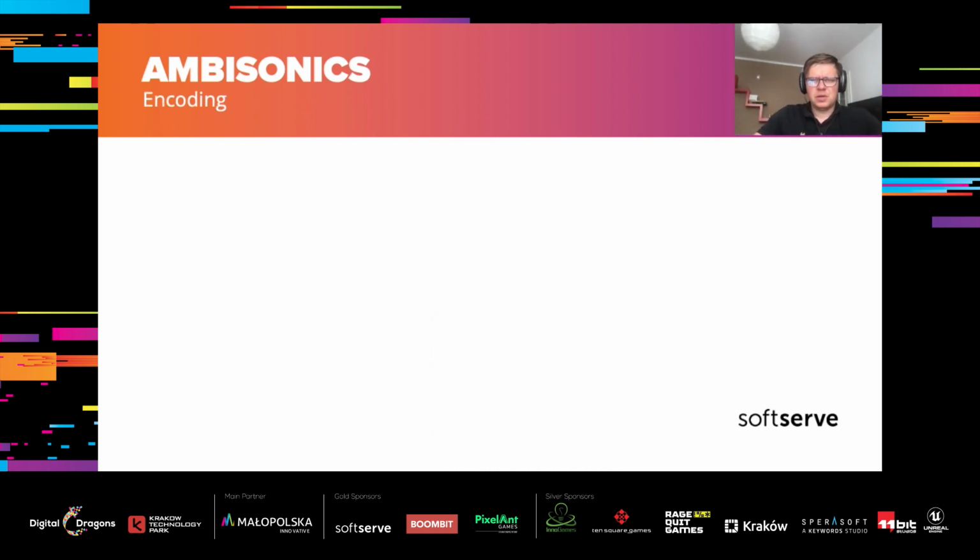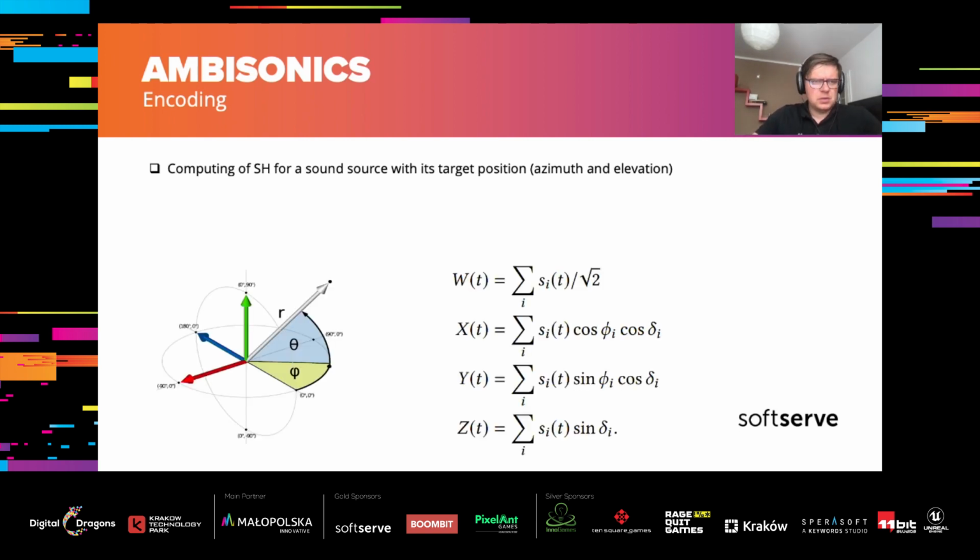The other way of producing ambisonics content is encoding. In general, in this process we are panning, encoding our sound sources to the desired position, usually defined in a spherical coordinate system using azimuth and elevation angles.